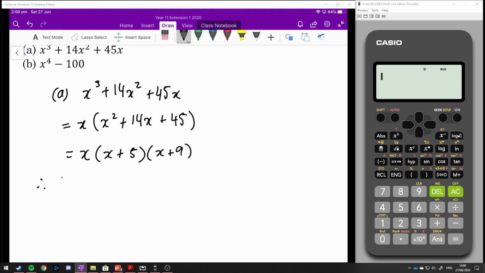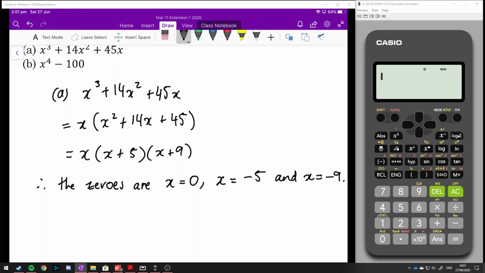So what we can write, therefore, is the zeros are x is equal to 0, x is equal to minus 5, and x is equal to minus 9.